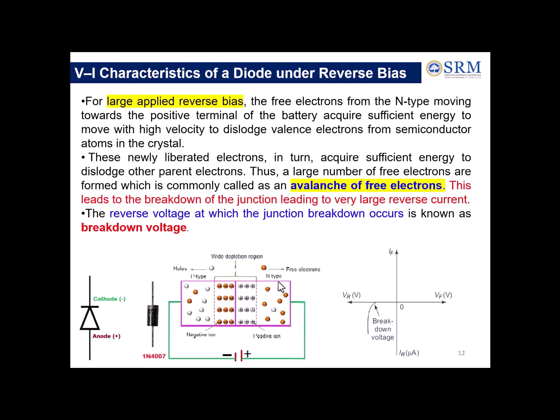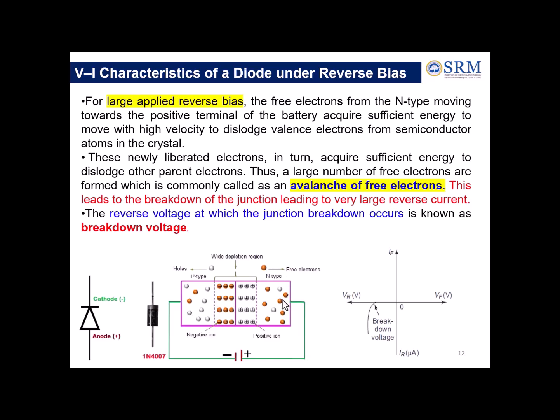What it will do, these electrons get more energy and move with high velocity, and these electrons will remove the valence electrons from the semiconductor atoms itself. These newly liberated electrons again acquire sufficient energy to remove the other parent electrons.